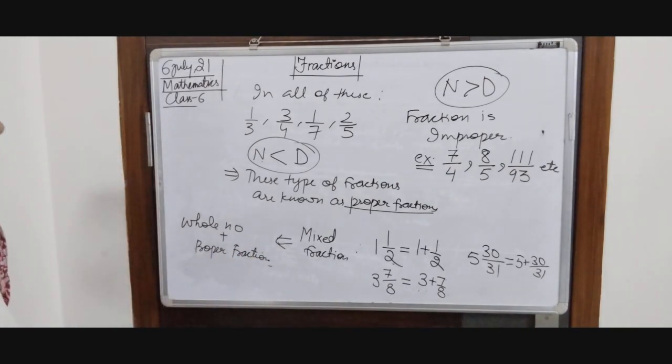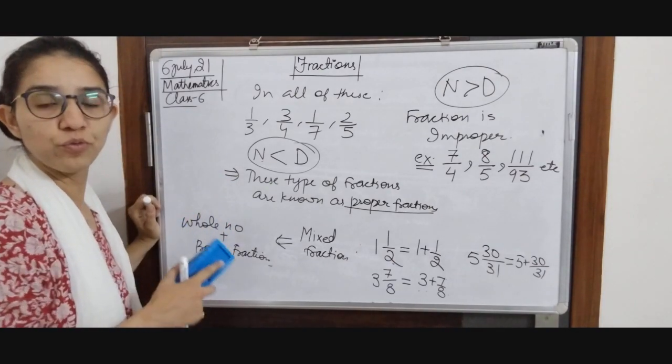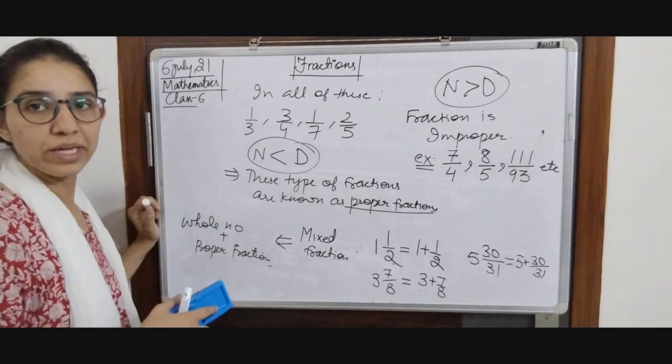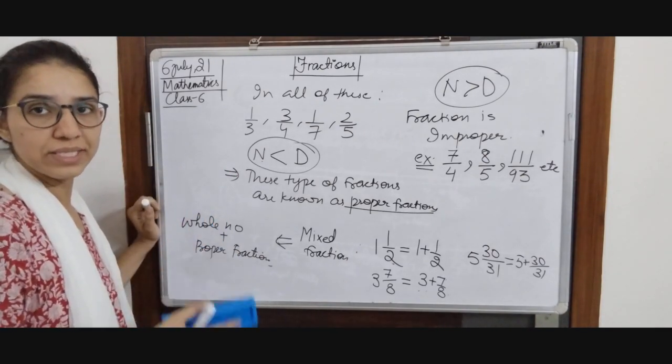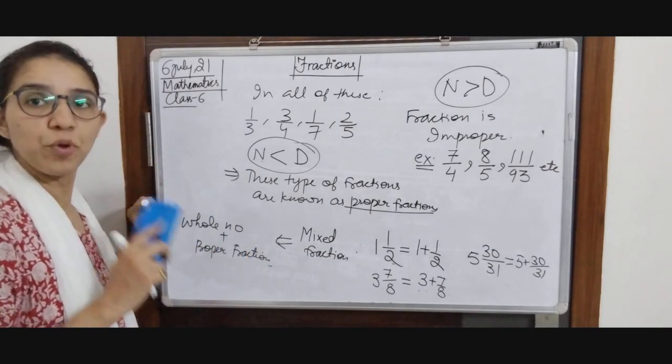Now we will learn how to represent our improper fraction on a number line. So the three examples we did earlier were of proper fractions, 1 by 3, 3 by 5, 3 by 4 or 1 by 7. All three were proper fractions.